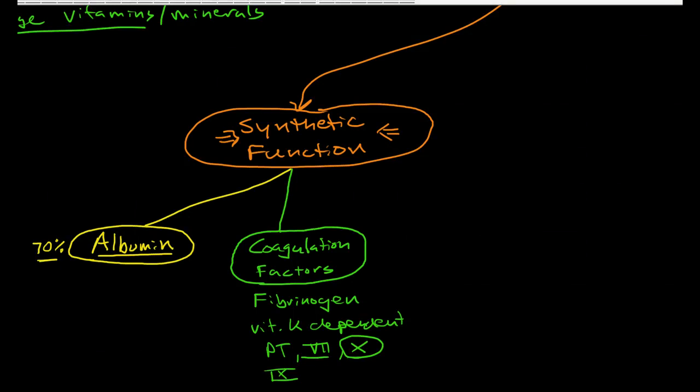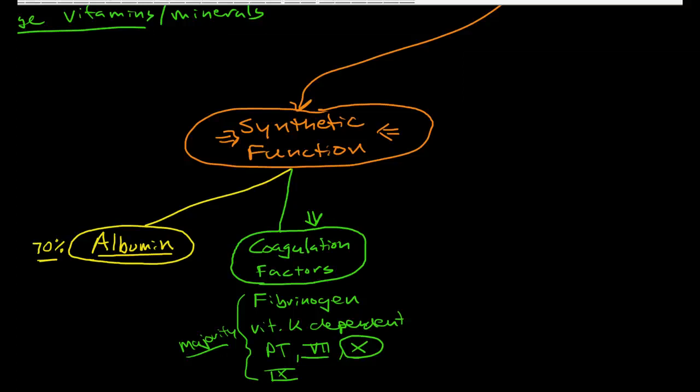So I haven't counted them, but I would say the majority of clotting factors are produced in the liver, and without the synthetic function of the liver, the blood cannot clot effectively. So the liver is central in synthesis of coagulation factors.